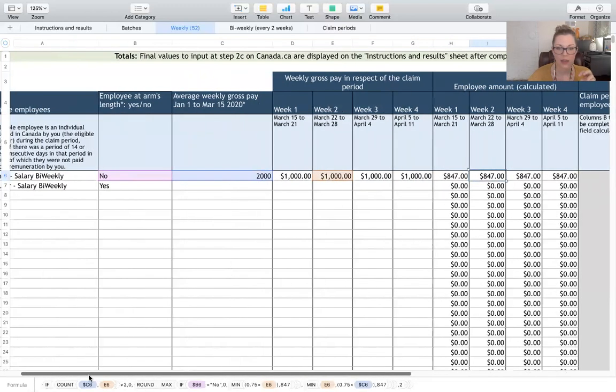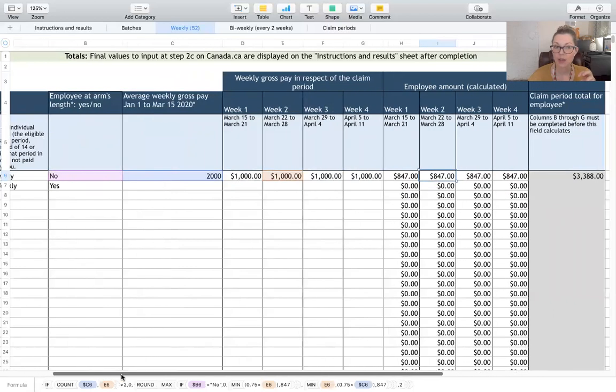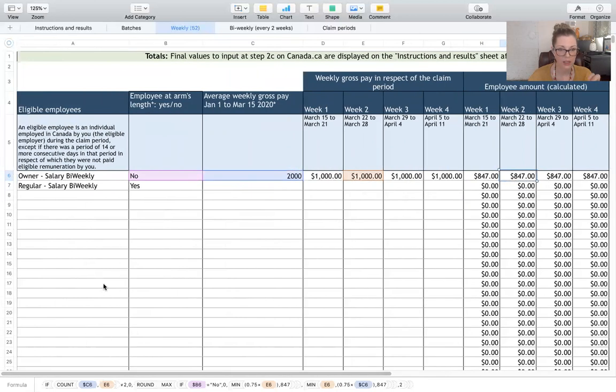That would be true for myself, and it would be true for other employees as well. So if you've had to cut someone's salary, you may still be able to get a higher amount than 75% if they used to get paid more, because that's one of the factors coming into the calculations here.